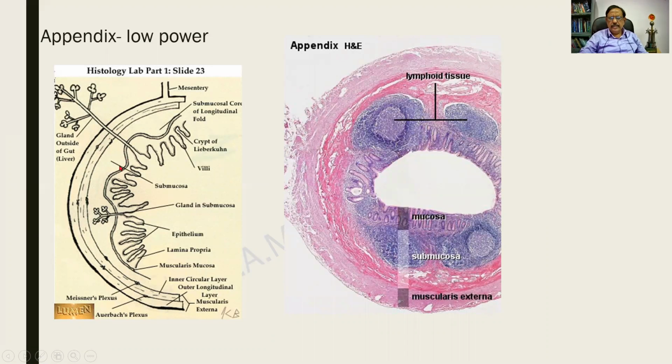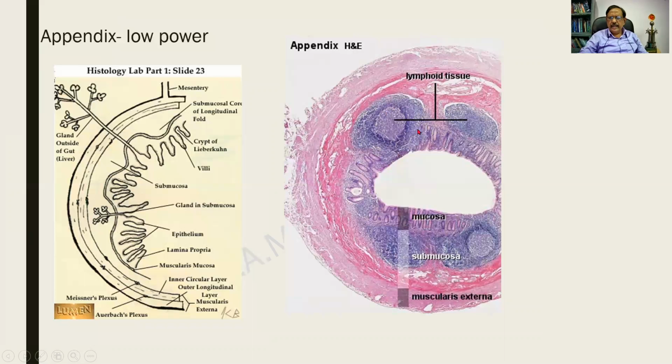This is the histology which you people would have mastered in your first year. There is a mucosa that is thrown into folds and there is a muscular layer over here, very important. This is called the serosa, that is external. This is a counterpart in the H&E stain.